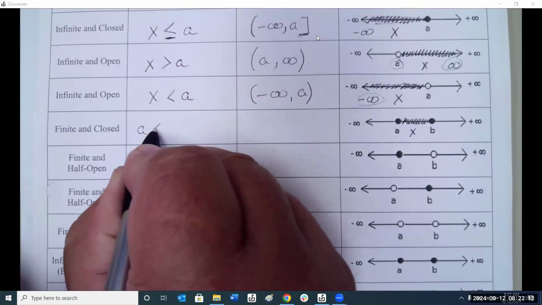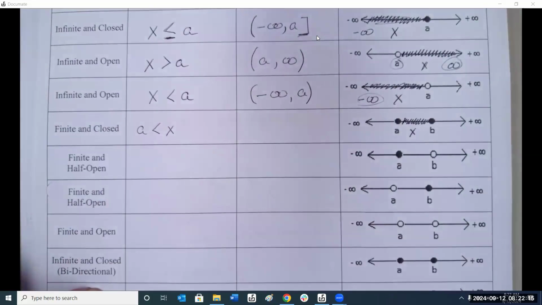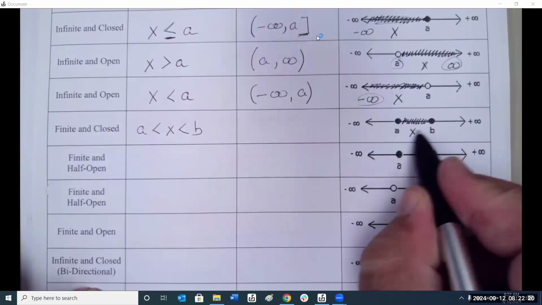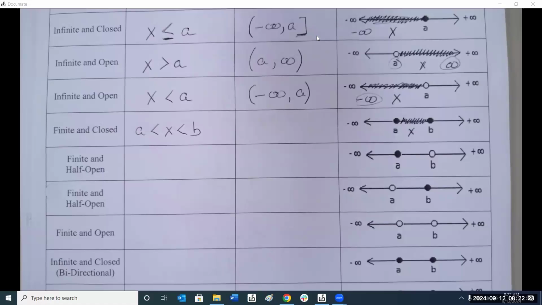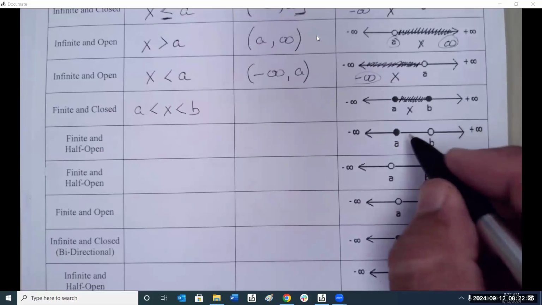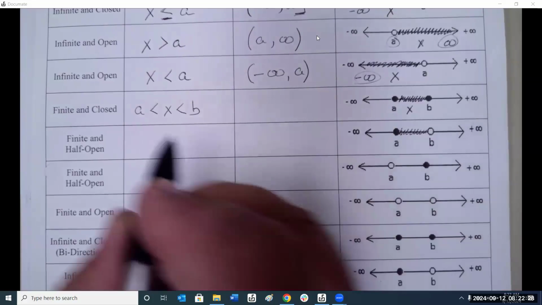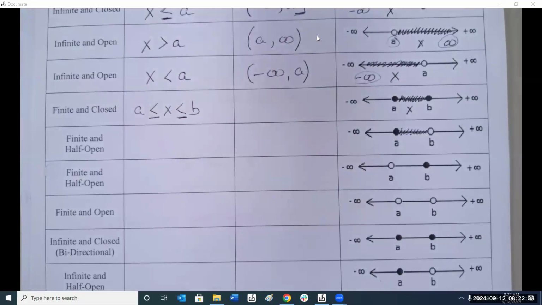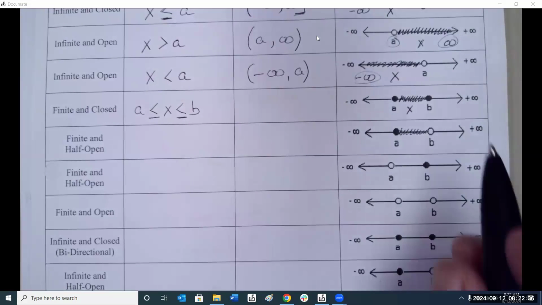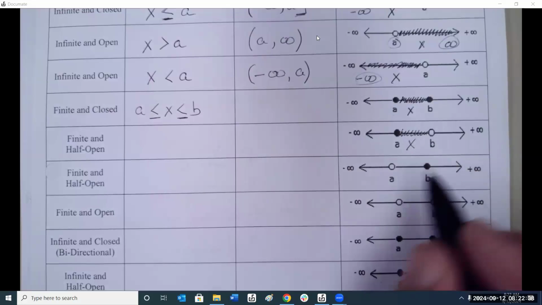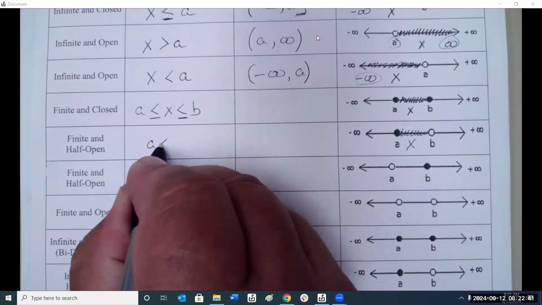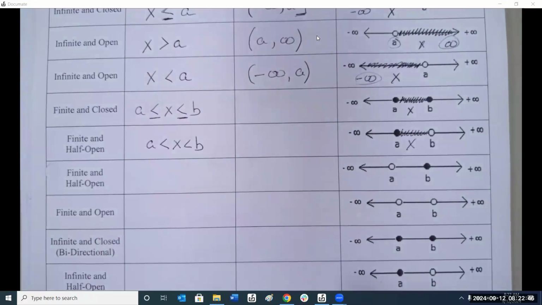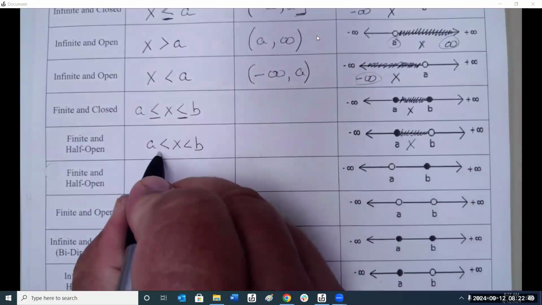With respect to a, x is greater than a, but it's less than b because x has to be between a and b. And they're both equal because they're solid dots. Here's the x there. So x is greater than a, but it's less than b. But a is solid, so I have a line underneath there.